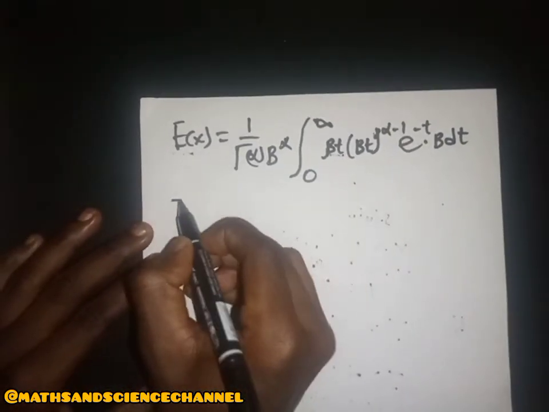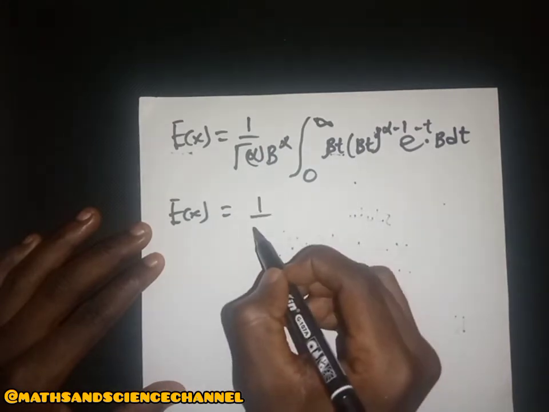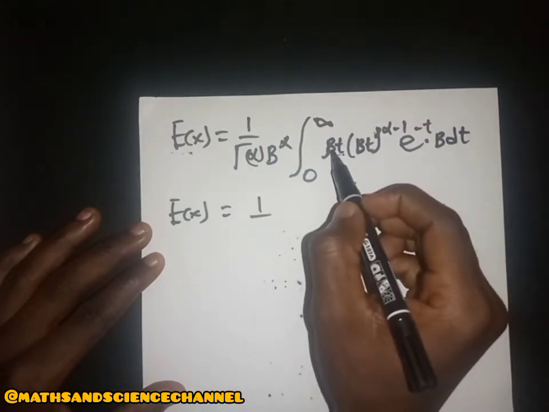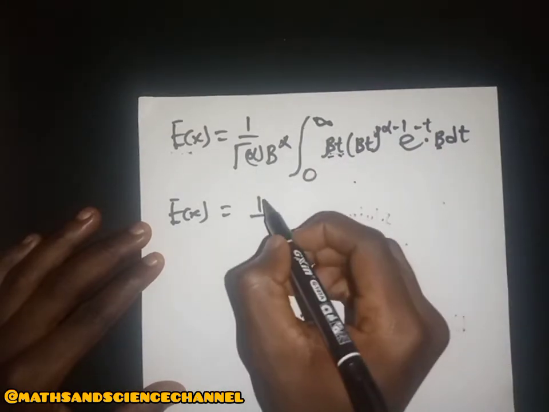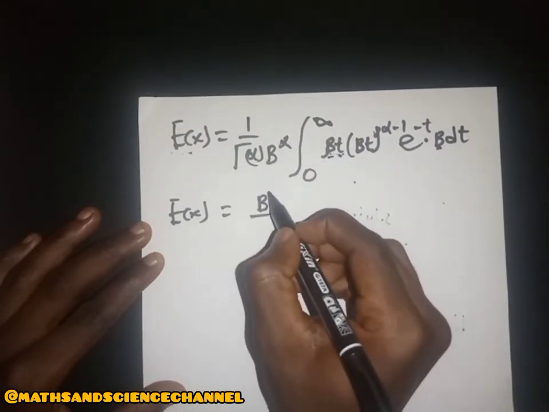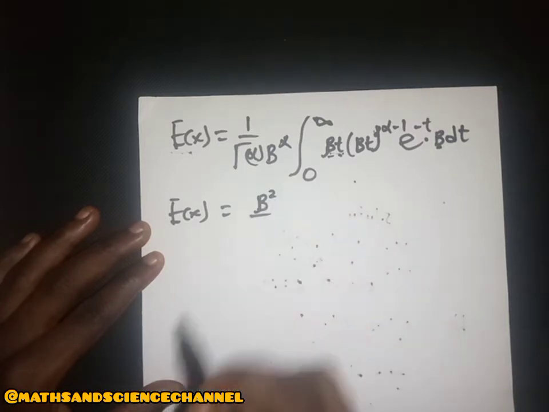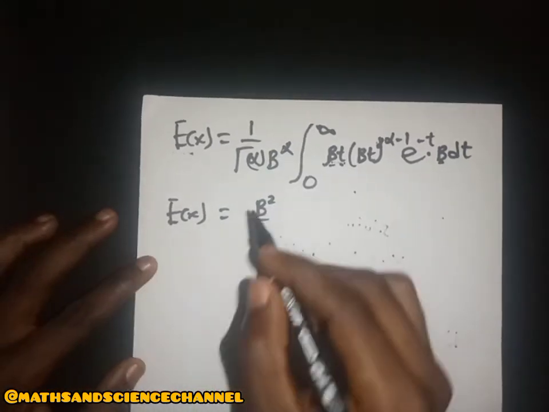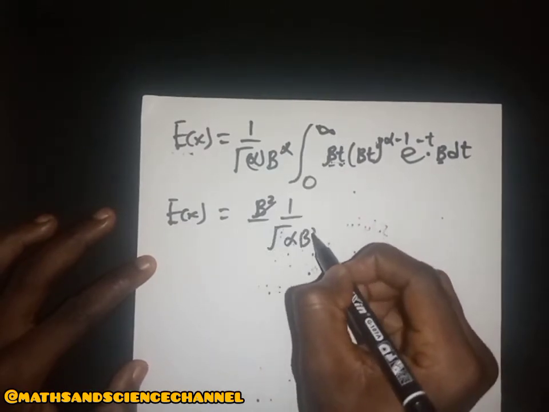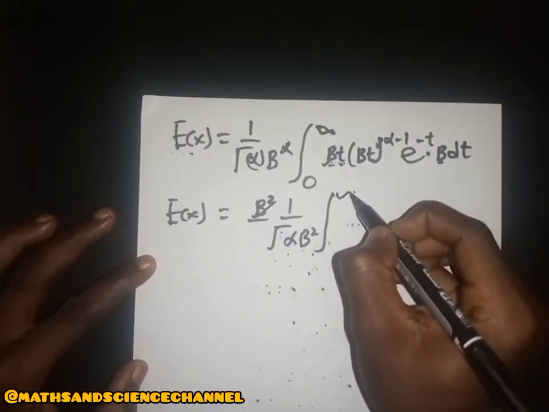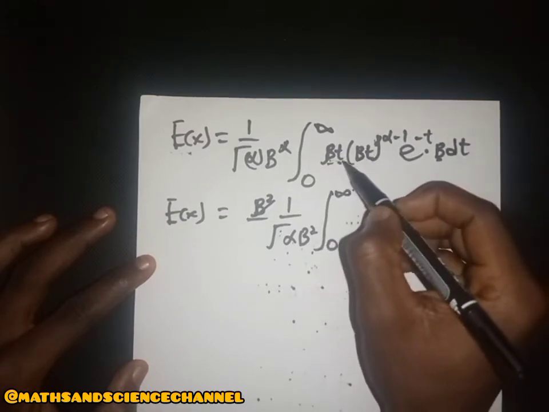Okay, so from here we have e of x here being equal to 1 over the gamma of alpha beta squared, and then this one here we have beta t and then beta t here as bases.